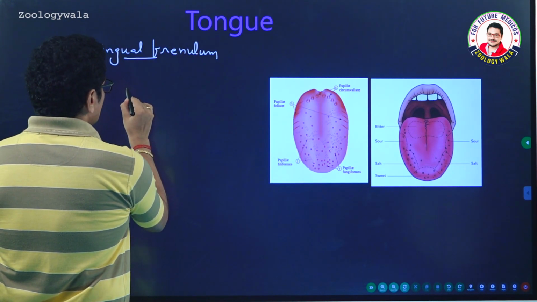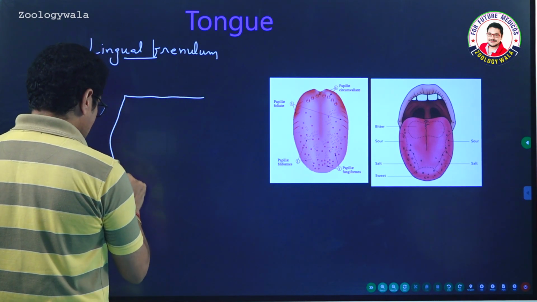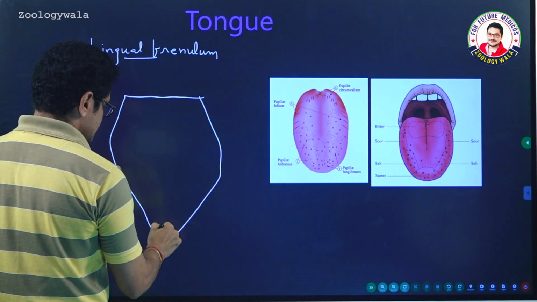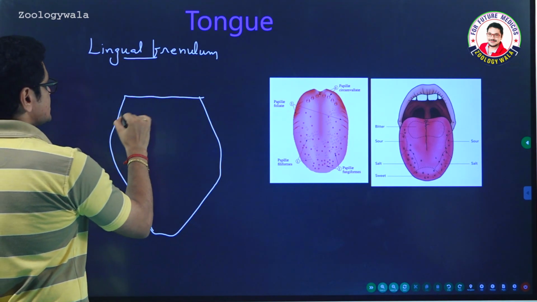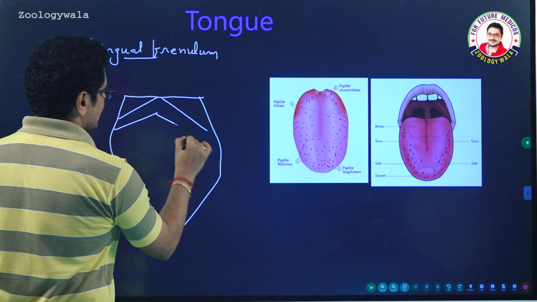Let me draw a diagrammatic representation of the tongue, for the sake of clarity, for my dear future medicos. And now see here, there is an inverted V like this.